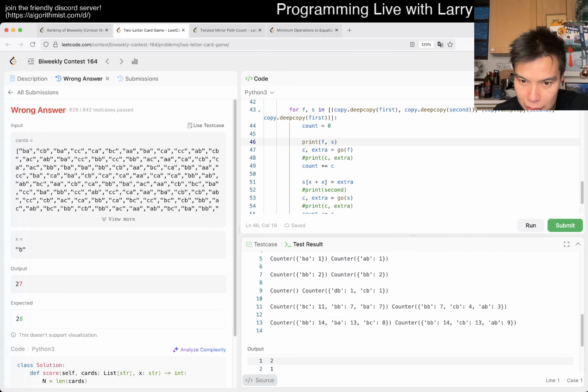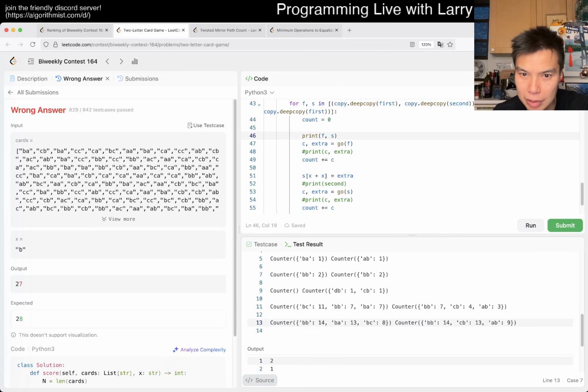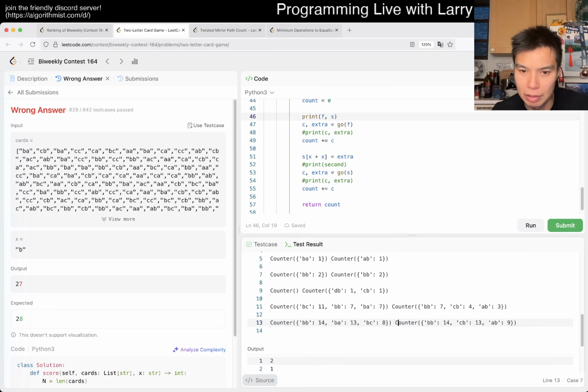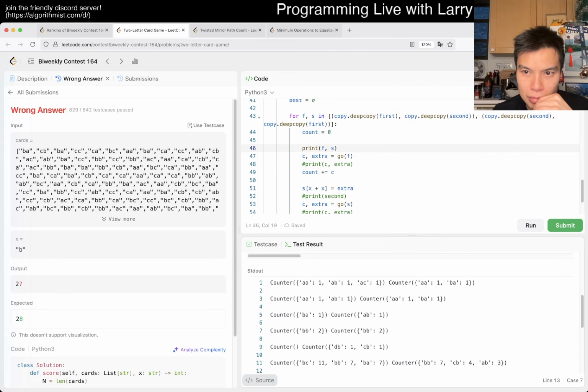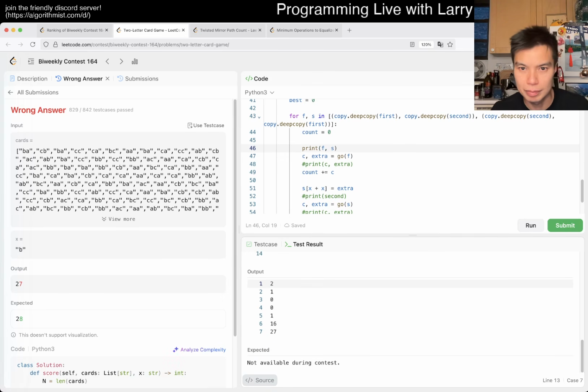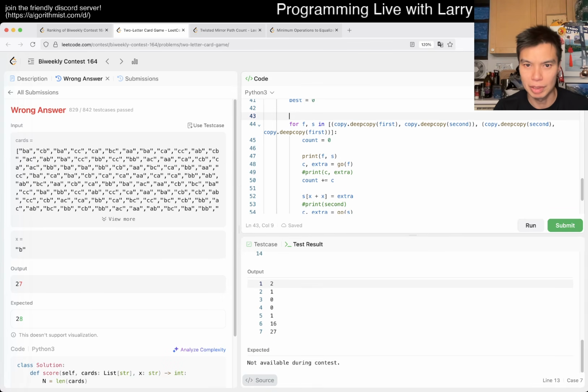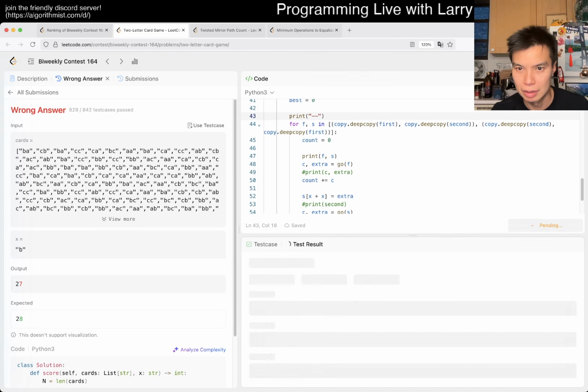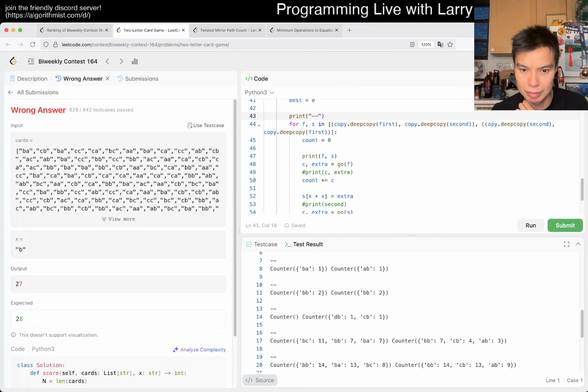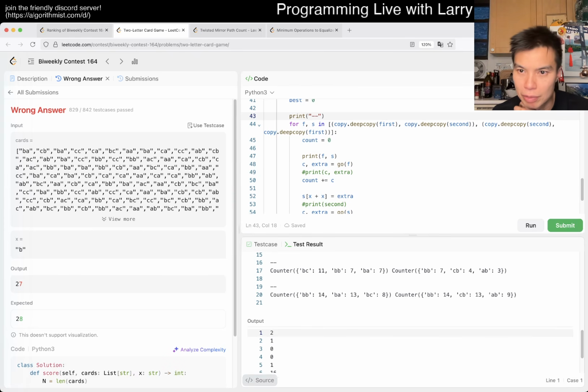Okay. So FS. Yeah, I mean, the deep copy is not working if this is what it prints. Oh, no, that's not right. No, no, something is off here. Why does this only print once?